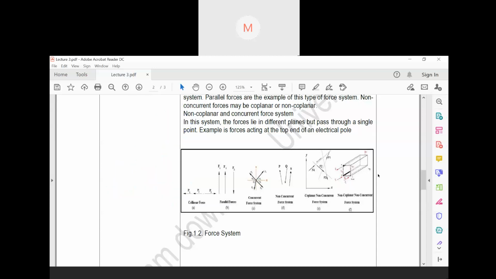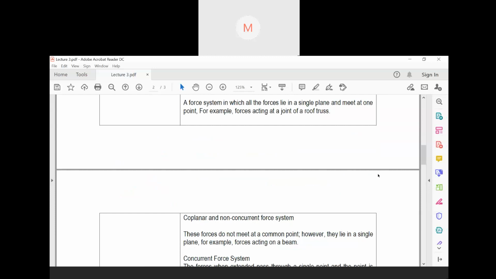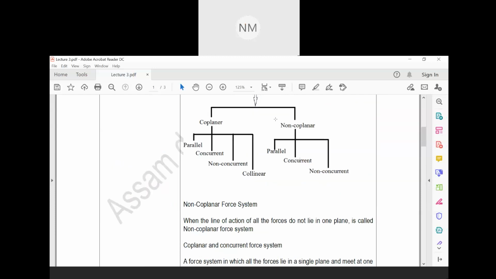So here, if you see, under non-coplanar, we discussed concurrent. Now let us go for non-concurrent under non-coplanar.